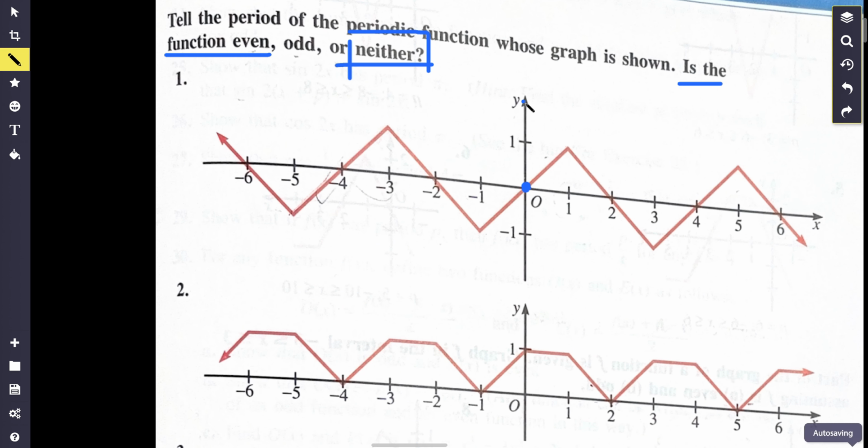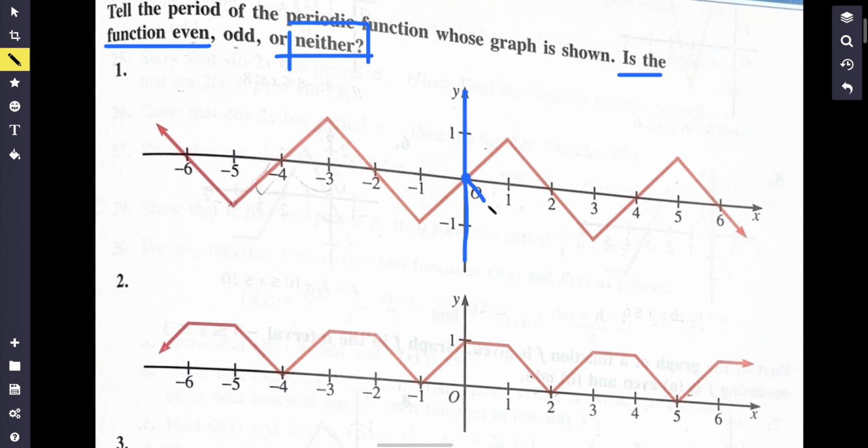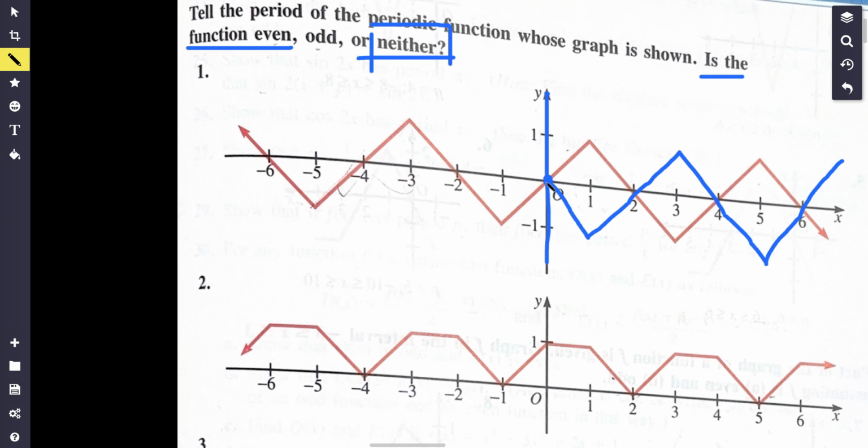Now, let's see if this function is odd. First, let's start off by reflecting this function about the y-axis. If we reflect it about the y-axis, we would get something that looks like this. So it would be like this, and all the way up here, all the way down here, and all the way up here. This side of the function would look something like this. So this, go down, up.